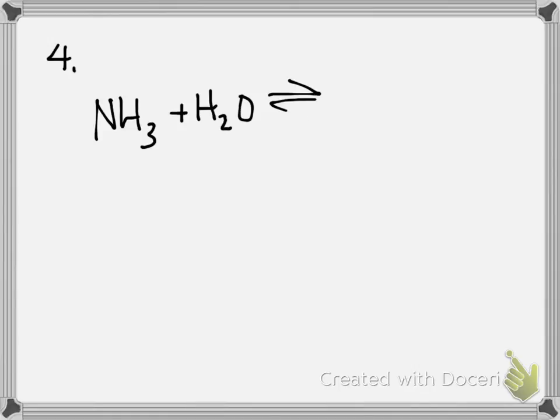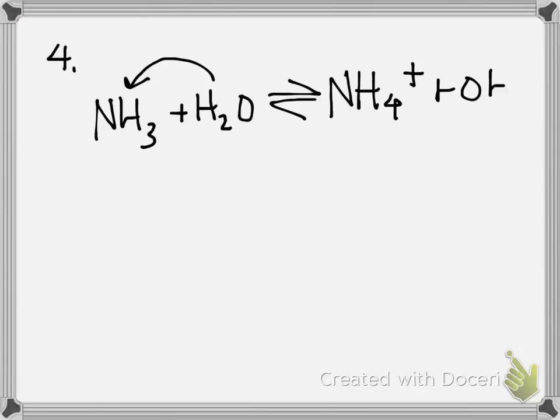How to do a base versus an acid. I'll do number 4, NH3. This one's a base. I tend to show the water when I write the base. A base is a proton donor. Oh, I'm sorry, proton acceptor. Completely wrong. So it makes NH4 plus and OH minus.